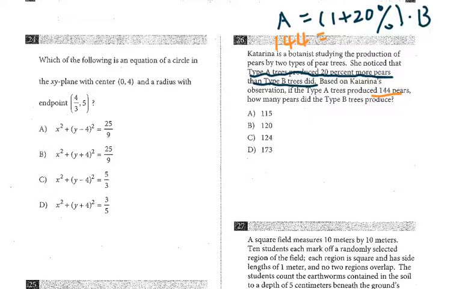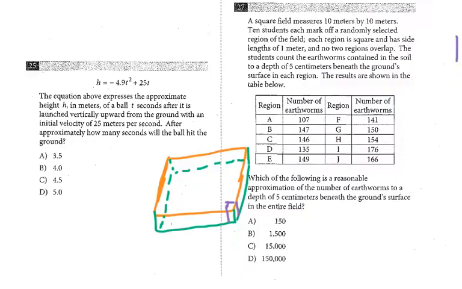Then how much for B? For this one, I can get 1.2 times B equals 144. Then you need to divide both sides by 1.2. That's how you get B. Then B equals 120. So B is the answer.